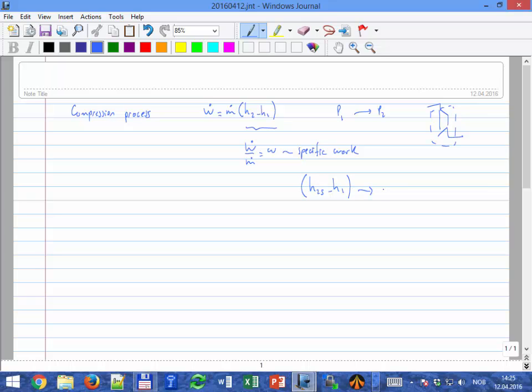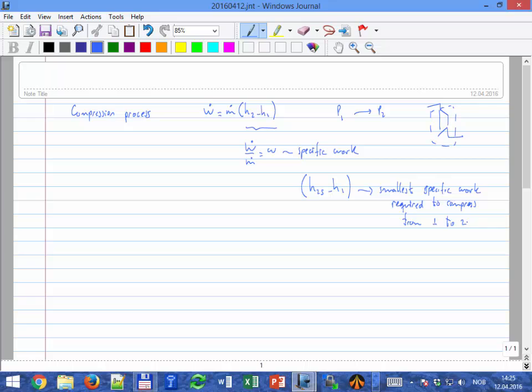That's the smallest power, or specific work, required to compress from 1 to 2.